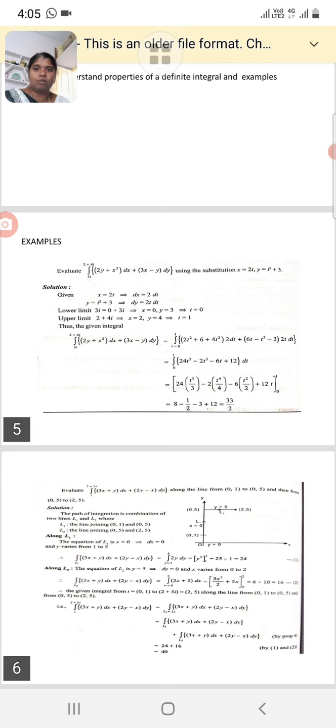According to the property of the integral, the integral over L1 plus L2 is equal to the sum of the integrals over the two lines. Using equations 1 and 2, the total value of the integral of (3x + y) dx plus (2y − x) dy is 24 plus 16, which is equal to 40.